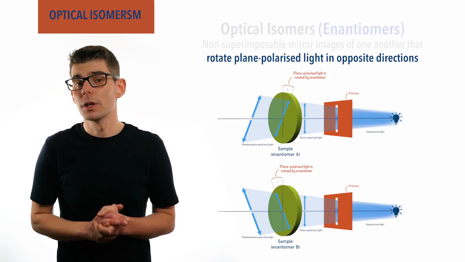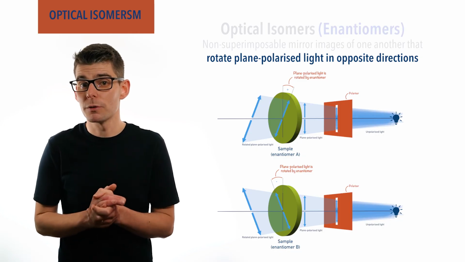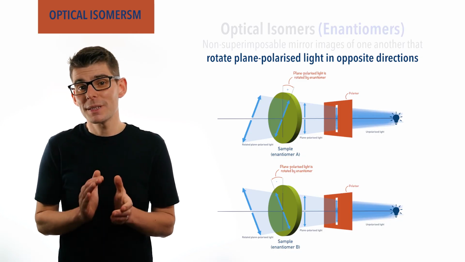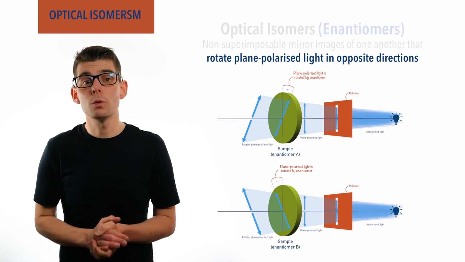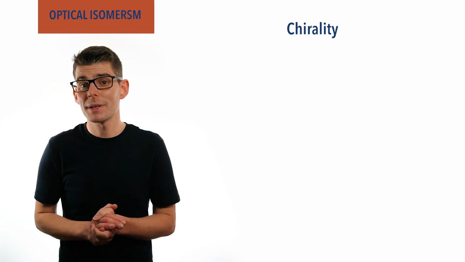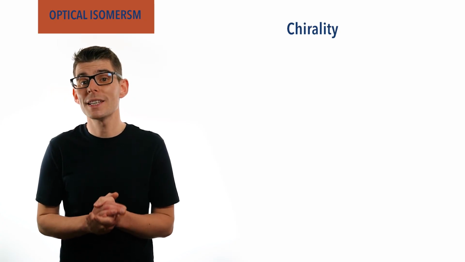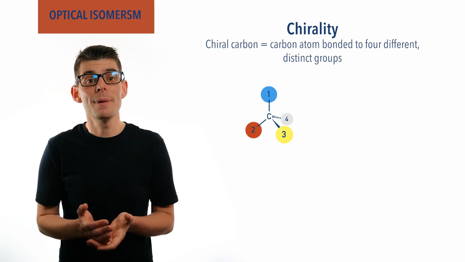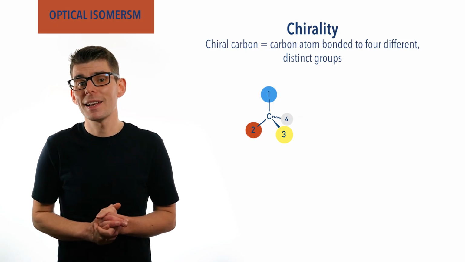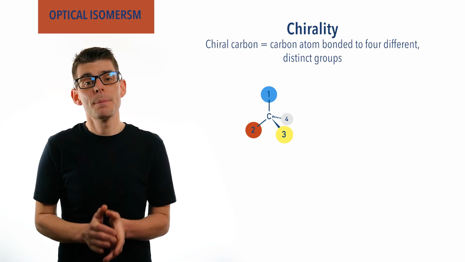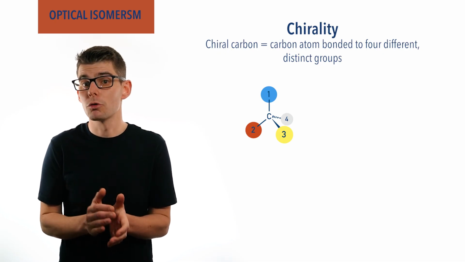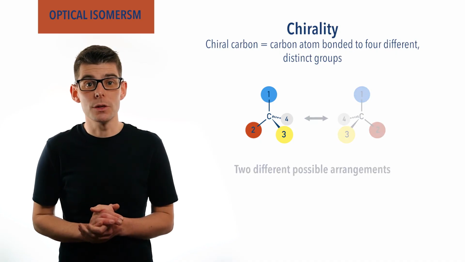This rotation occurs because of the arrangement of bonded atoms and groups in the isomers, specifically because of something called chirality. Chirality occurs when a carbon atom is bonded to 4 different atoms or groups, making it a chiral carbon. This idea of chirality is really important because if a carbon atom is chiral, there are 2 different ways the groups bonded to it can be arranged.